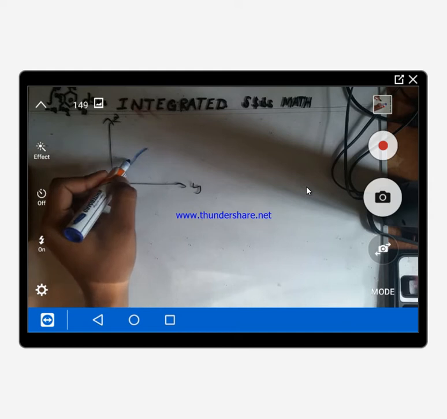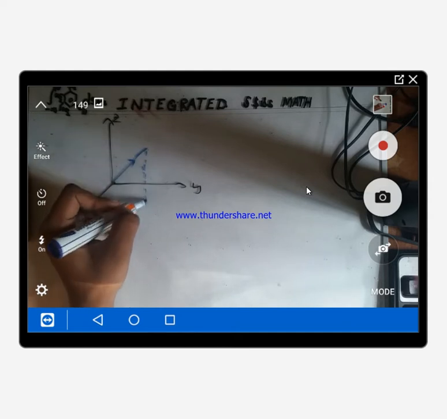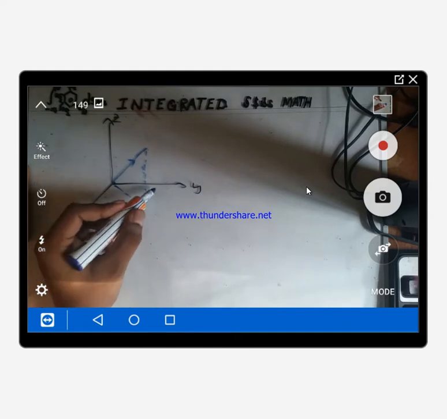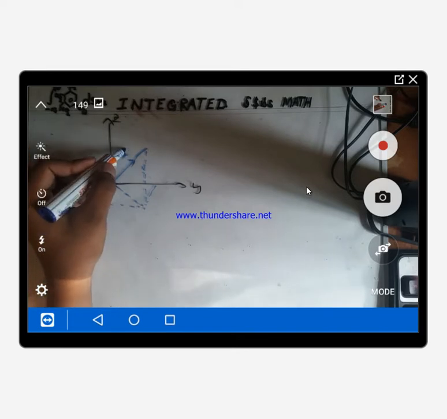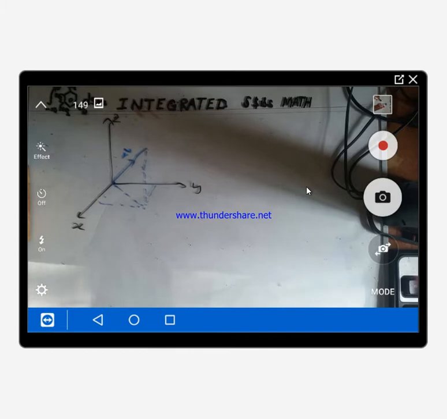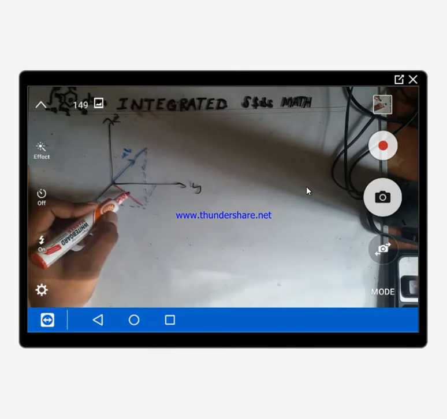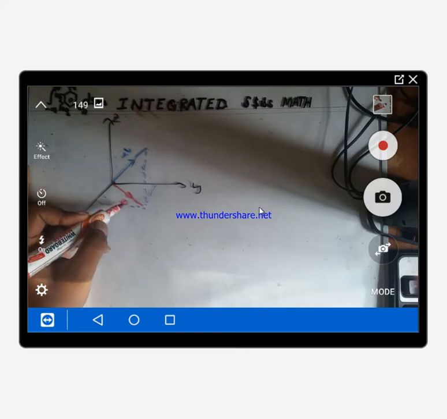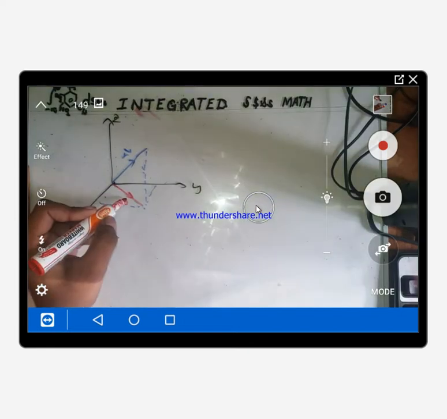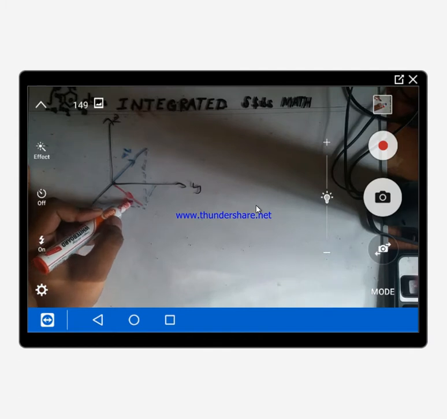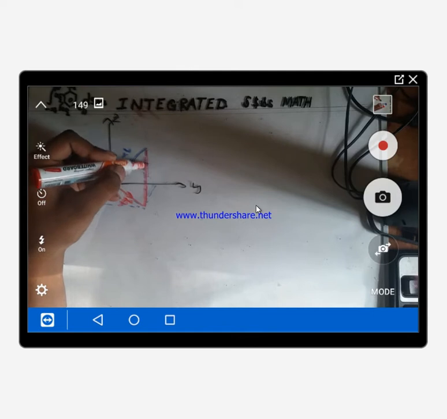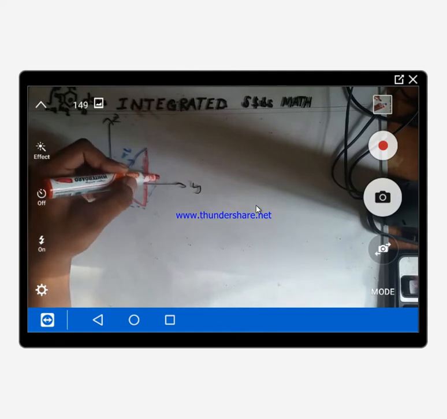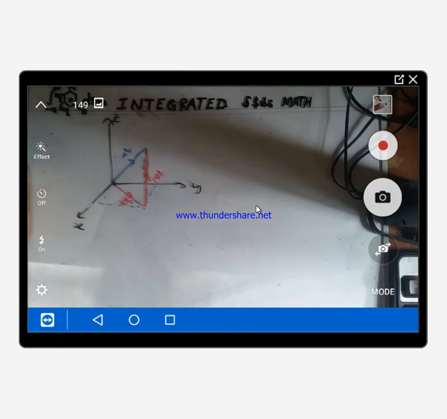This vector is along the opposite direction. Let's call it vector r. This is vector rho, and as usual, this is vector z.